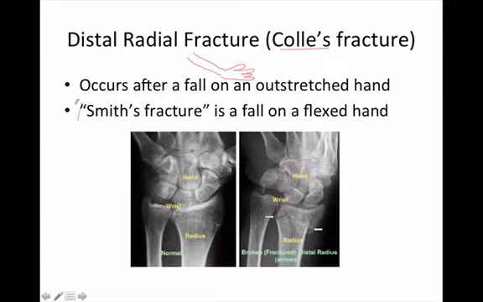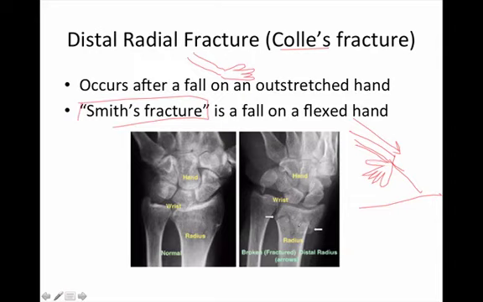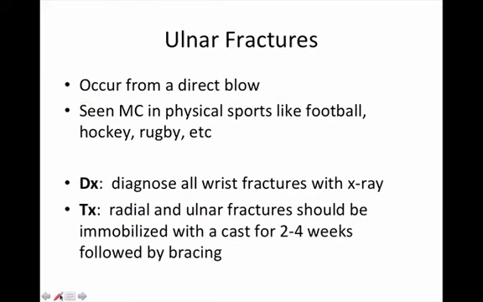Now, a Smith's fracture, on the other hand, would be if someone falls down onto a flexed hand. If they're falling in that direction and hit the concrete like that, that results in a Smith's fracture. You can see in this image here, we've got our radial head fracture right here.